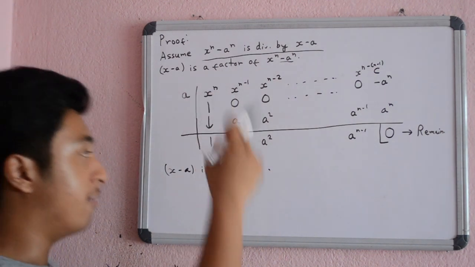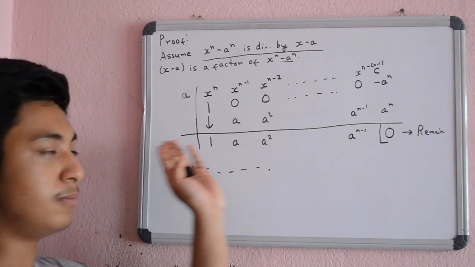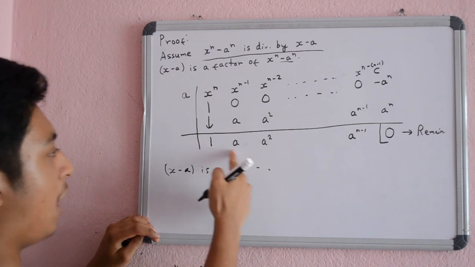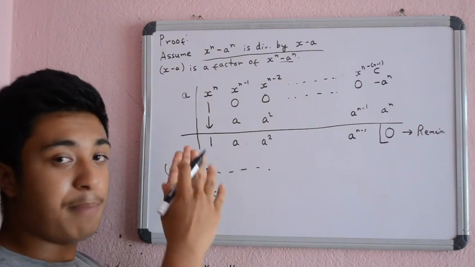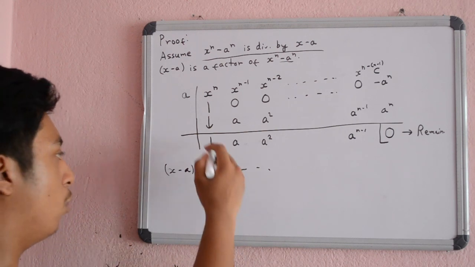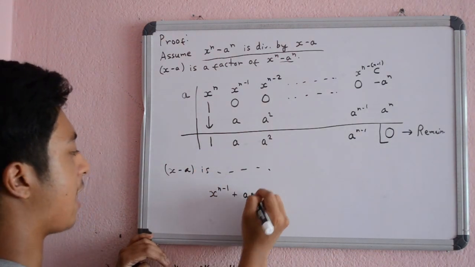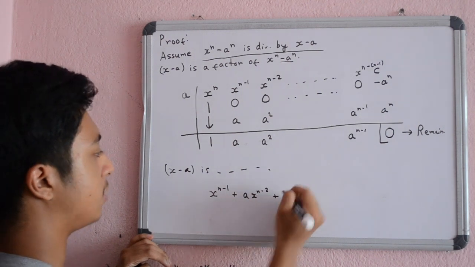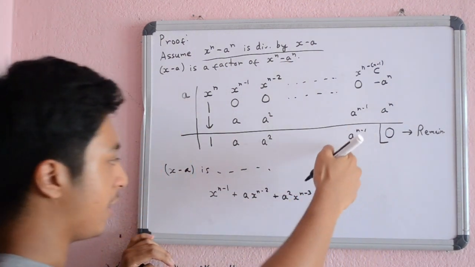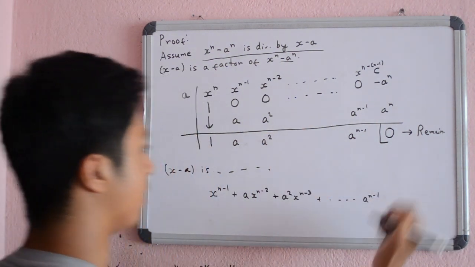What happens if you divide x to the power n minus a to the power n by x minus a? For the answer you'll just have the powers shifted one power below, meaning we'll have 1 times x to the power n minus 1 plus a times x to the power n minus 2 plus a squared times x to the power n minus 3, and so on until the constant remaining will just be a to the power n minus 1.